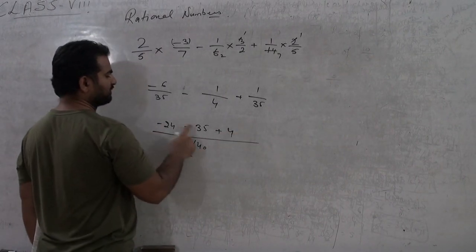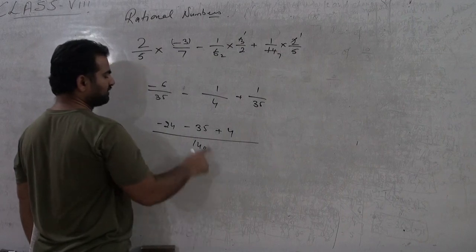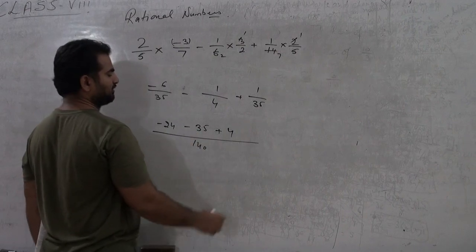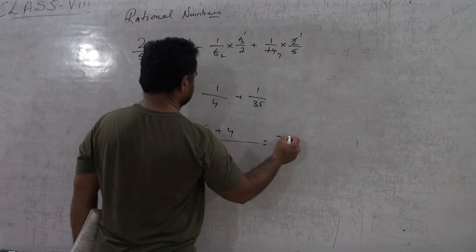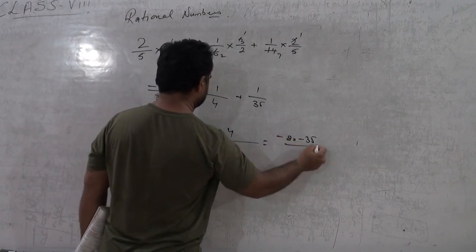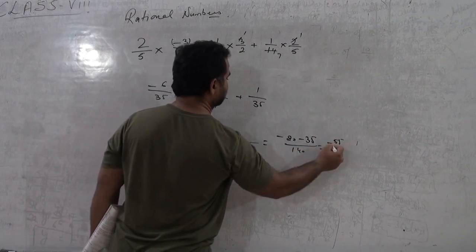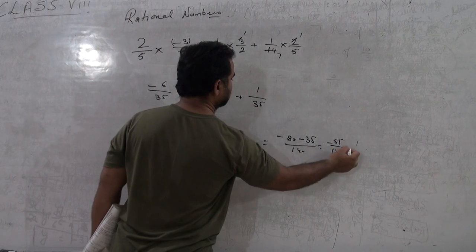So minus 24 and plus 4, it will be minus 20, and minus 35. It will be minus 20 minus 35 upon 140, or we can say minus 55 upon 140.